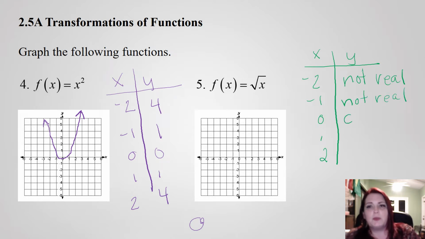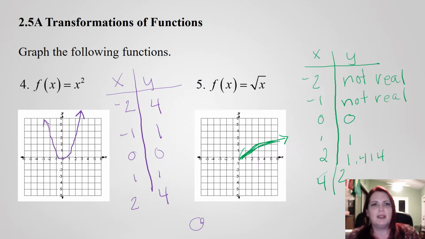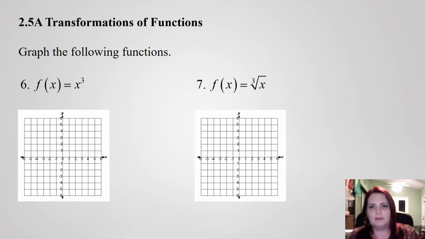The square root of 0 is 0. The square root of 1 is 1. The square root of 2 is 1.414. What about the square root of 4? That would be 2. So we're going to have a graph that's just a curve. It looks like half a parabola on its side.